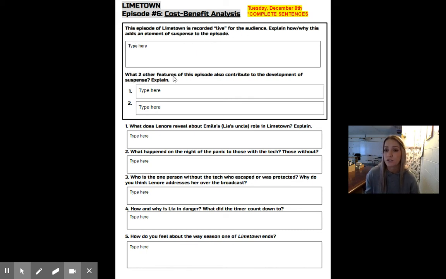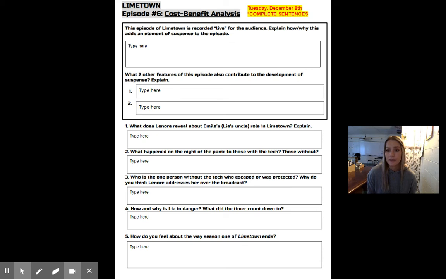And then it says, what two other features of this episode also contribute to the development of suspense, and explain. Don't think about it too deeply. Just think in general about what things add suspense. You can think about where Leah is during this interview, right? Is it a public place with people around, or is it more private, which makes it more dangerous? What does Lenore have Leah do before she sits down?